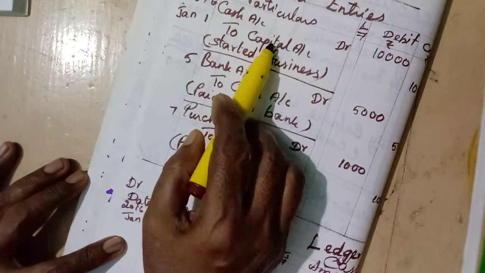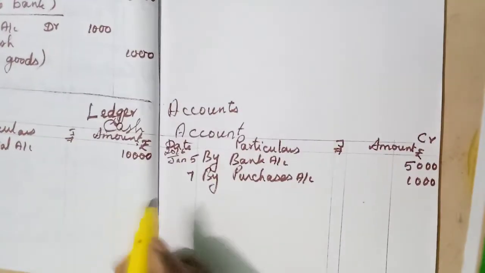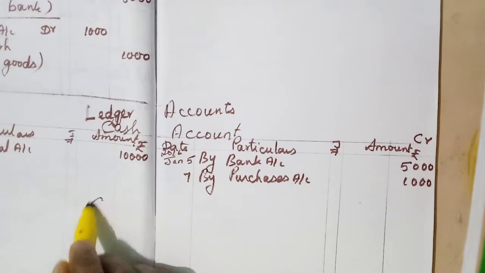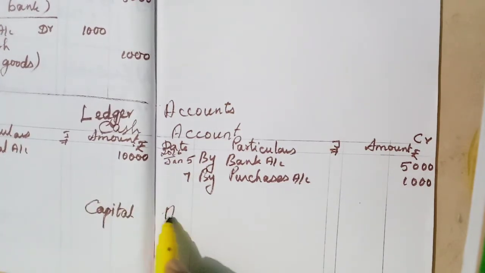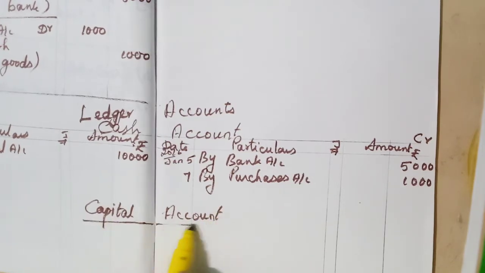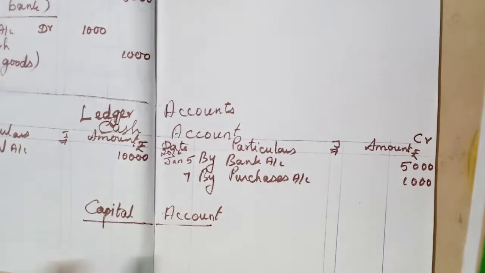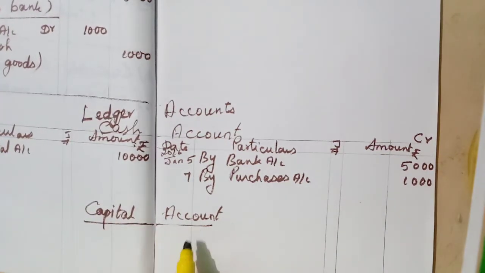The next account is capital account. So you have to write capital account. Here you know the entry, cash account debtor to capital, isn't it? So capital is credited, so credit side we need to write.